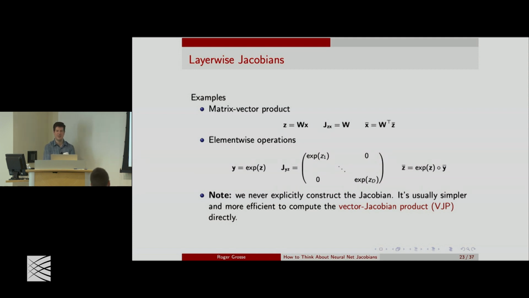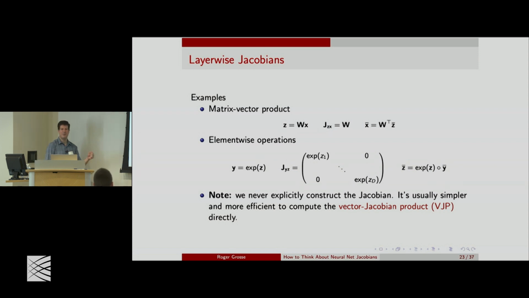Like let's say you take the element-wise exp of the activations in the previous layer. The Jacobian of that operation is a diagonal matrix because you're operating on one element at a time. So the diagonal entries are the derivatives of the activation function, which is just exp of zj.